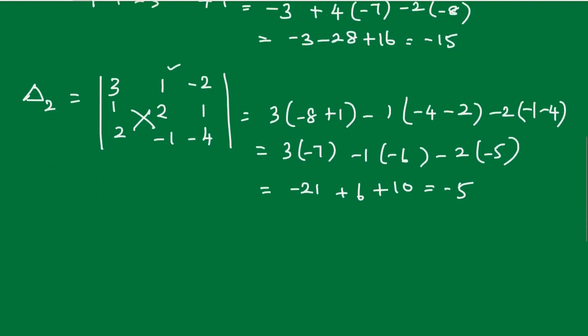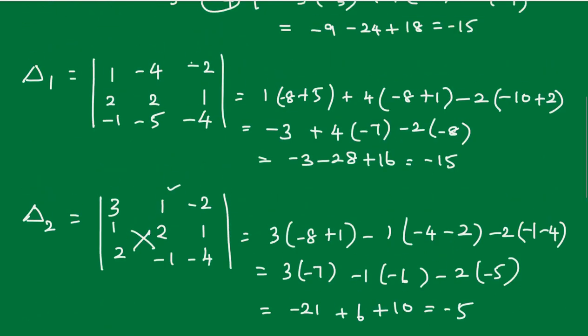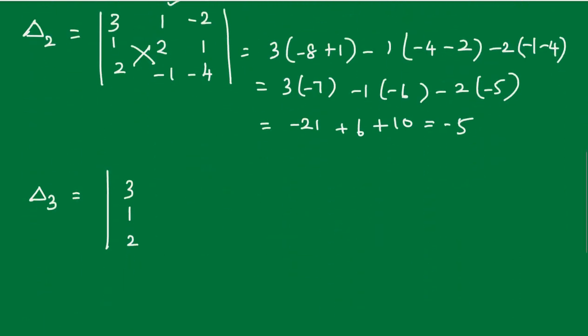Next we find what is delta 3. Delta 3, the third column is replaced by the constants. The second column elements are minus 4, 2, minus 5.